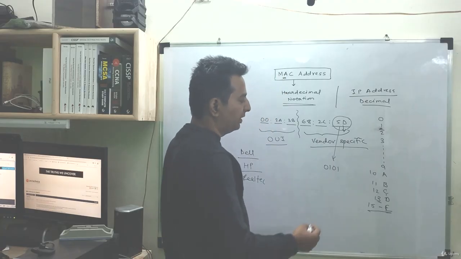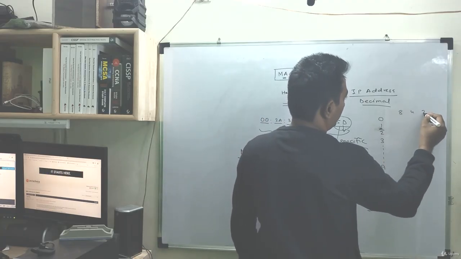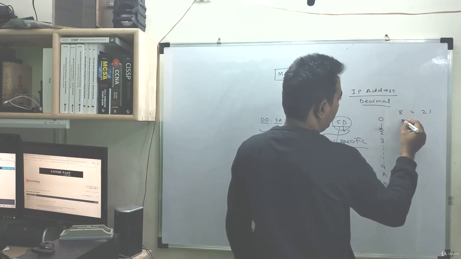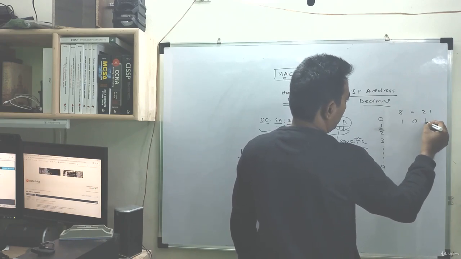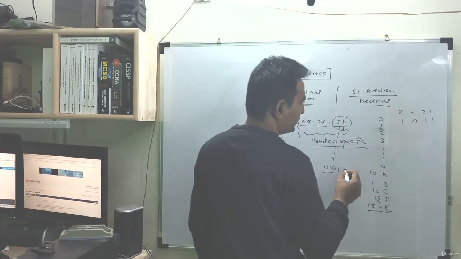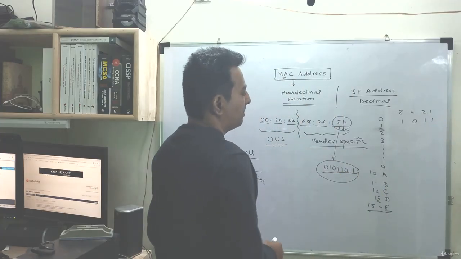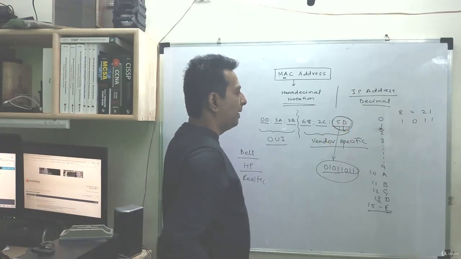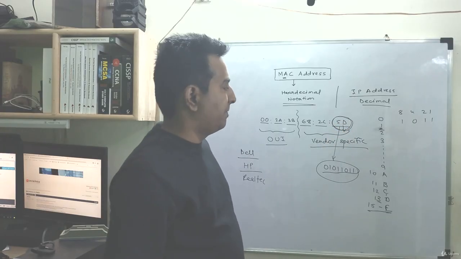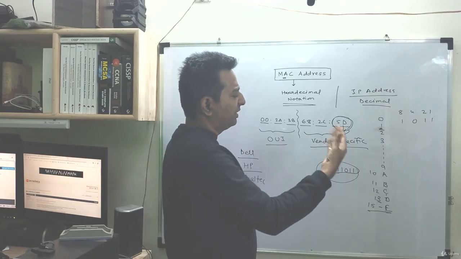So if I calculate the binary equivalent of 13, so 8, 4, 2, 1, so 8 plus 4 plus 1, so it's going to be 1101. So this is going to be the binary equivalent of this particular field 5D. Okay, so that's how they keep incrementing.